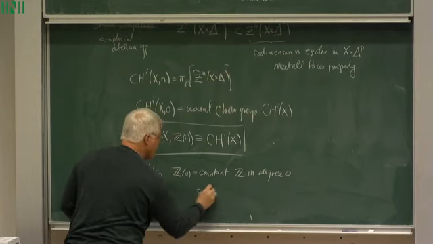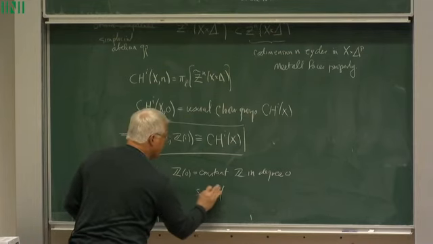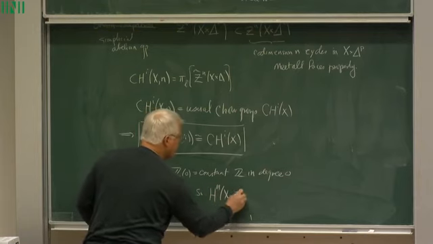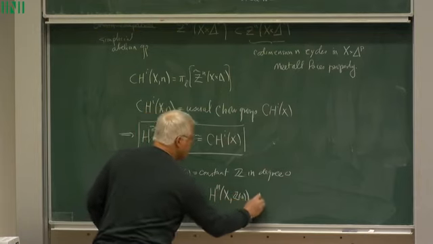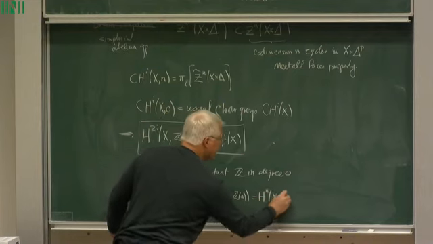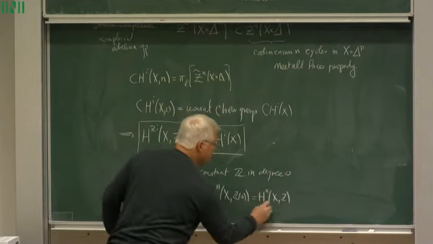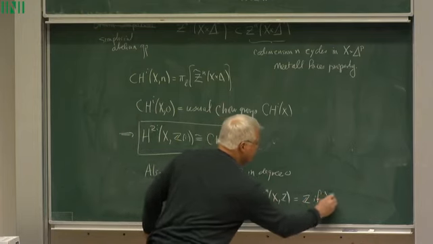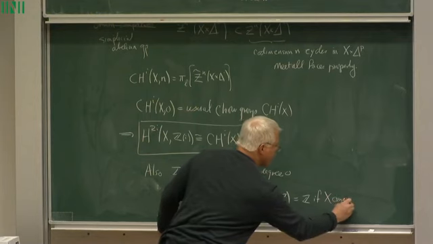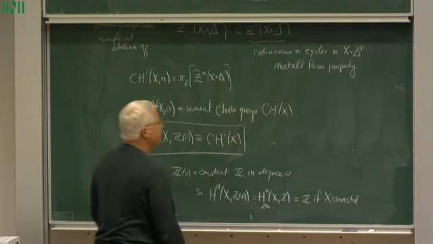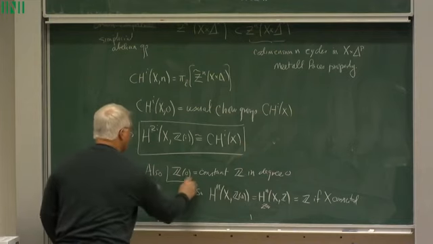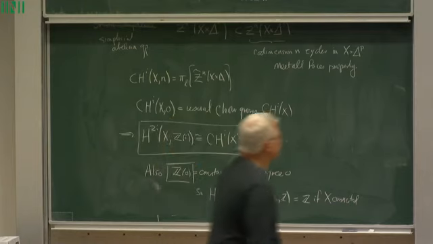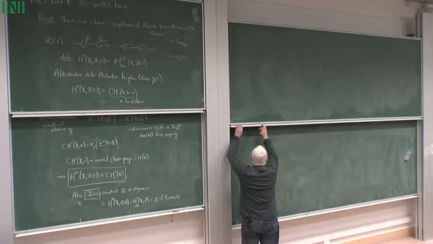So H^n of X comma Z(0) is H^n of X comma Z, the usual Zariski cohomology, and that's equal to Z if X is connected. So here we have two different extreme ideas of what this is.